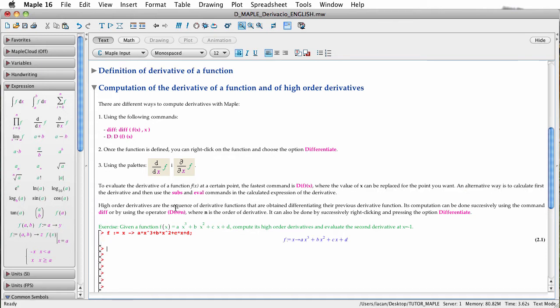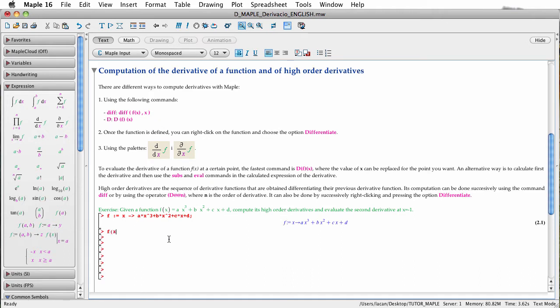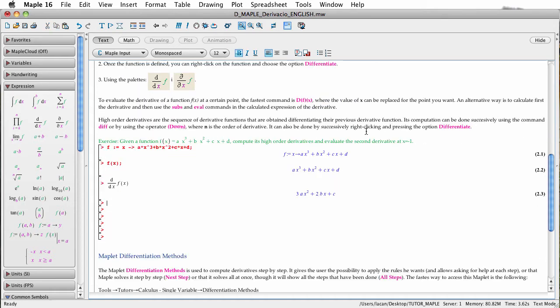Okay? Now, let's compute the derivatives and the high order derivatives. First way of doing it, let's check that f of x is correct. So we place ourselves in Math2D in order to use the palette, and we type derivative with respect to x of the function f of x. This is going to be the first order derivative.